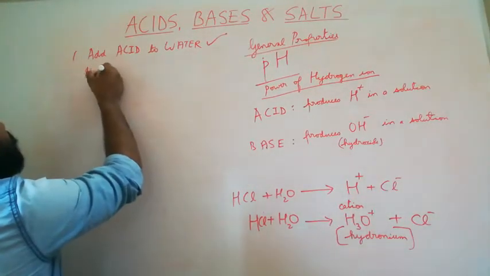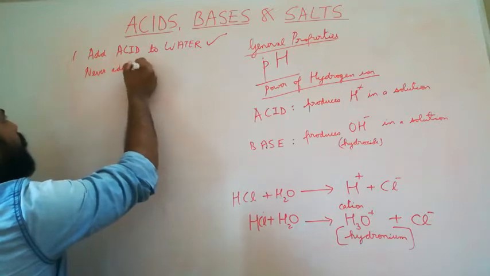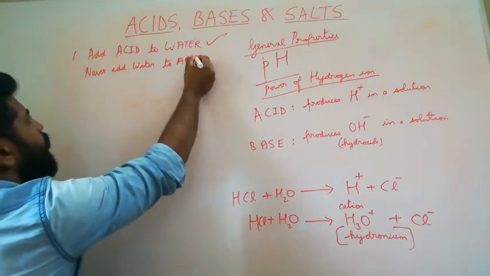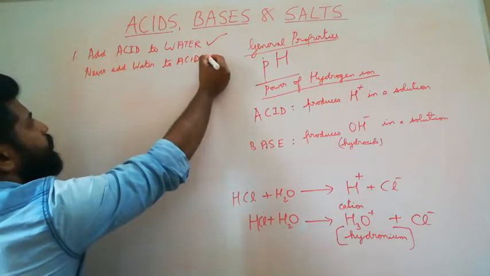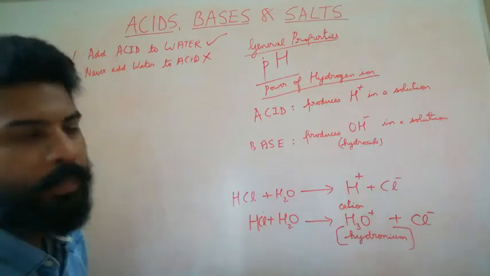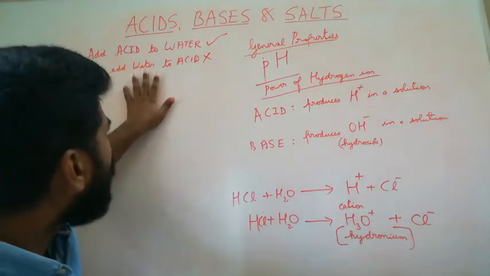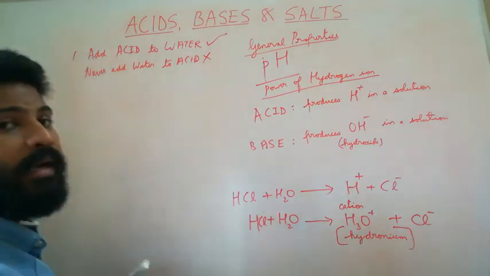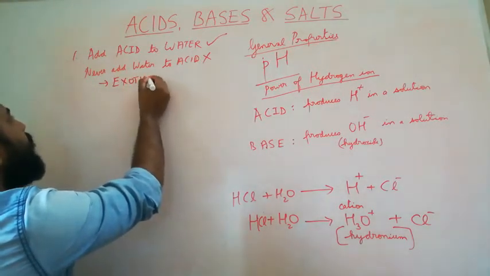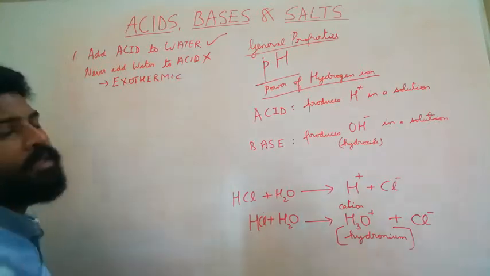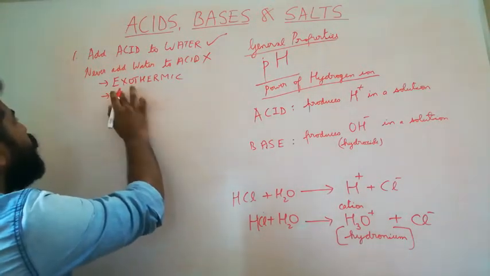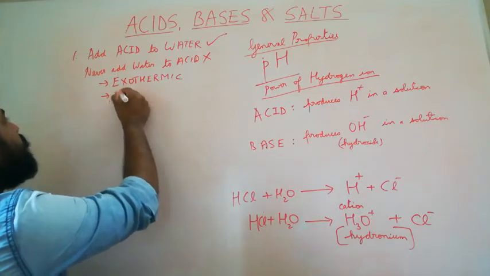Never add water to acid. This is because when we add water to acid, it is a highly exothermic reaction. Highly exothermic. It produces a large amount of localized heat.